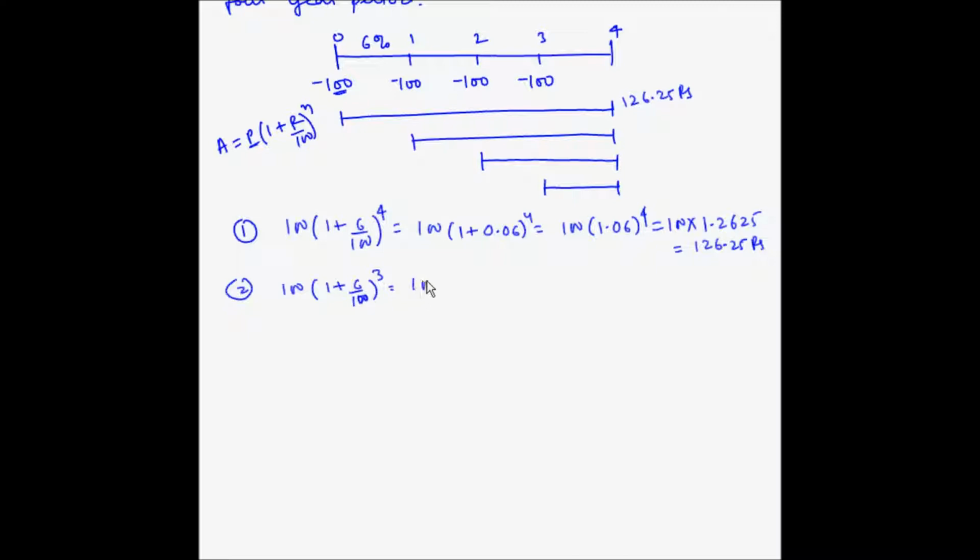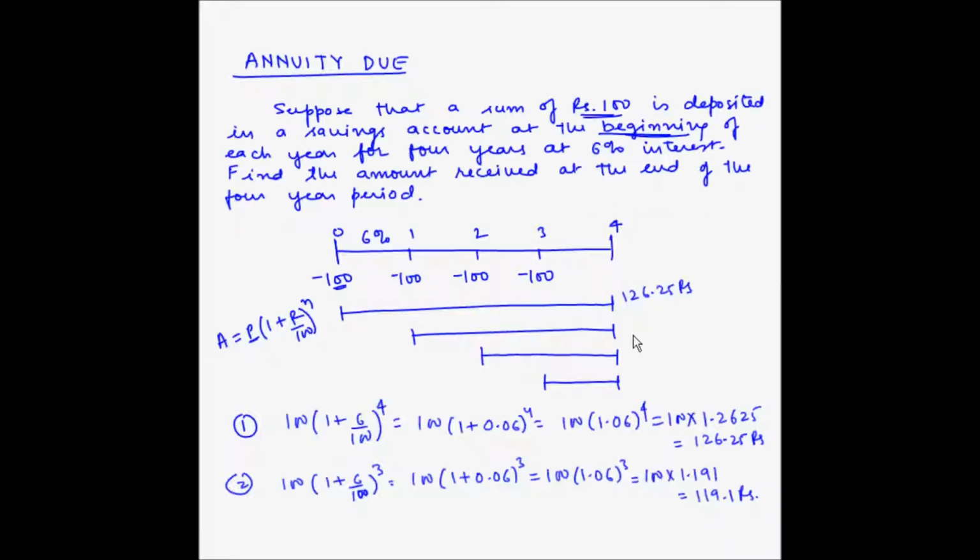So this is equal to 100 into 1 plus 0.06 to the power 3. This is equal to 100 into 1.06 to the power 3. So this is equal to 100 into 1.191, which is equal to 119.1 rupees. So this is 119.1 rupees.